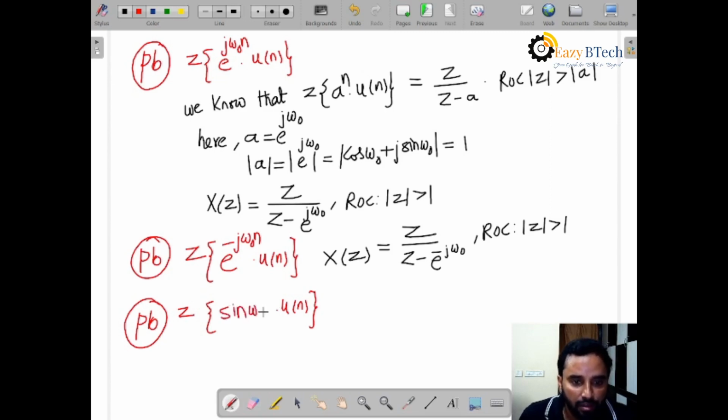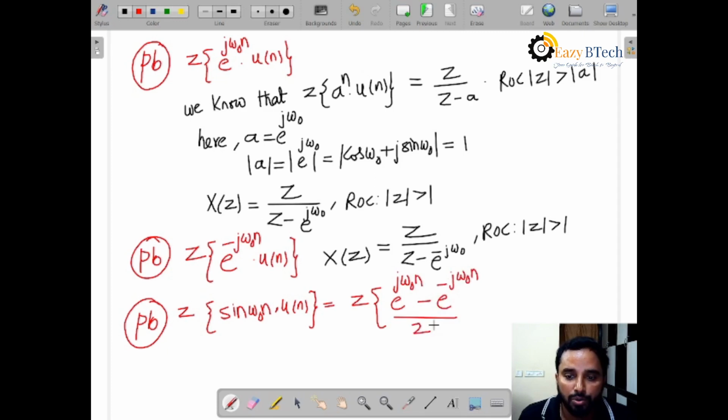So how to write sine in terms of exponential? Sine can be e power j omega naught n minus e power minus j omega naught n by 2j. U of n is as usual. Now we can separate this term.